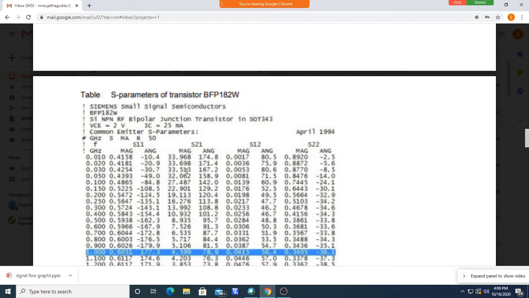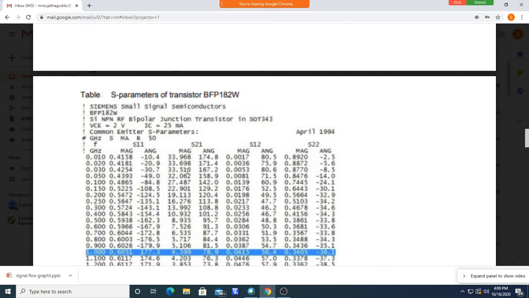S parameters means S11, S21, S12 and S22. S11 says how much reflection there is. S21 says what the transmission at the output is. The output may be greater than the input, because the transistor increases the signal.